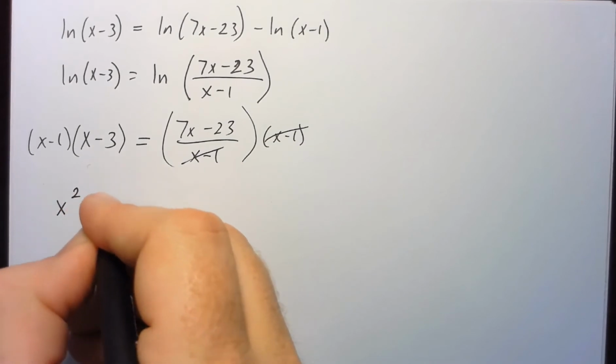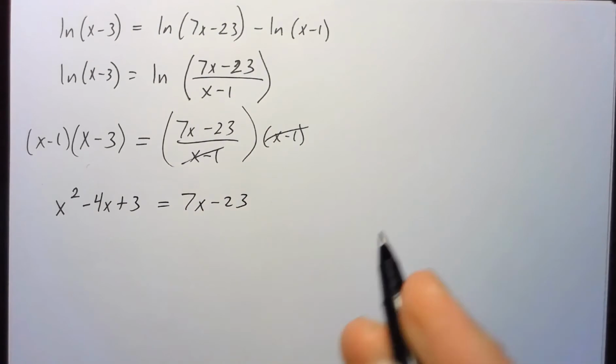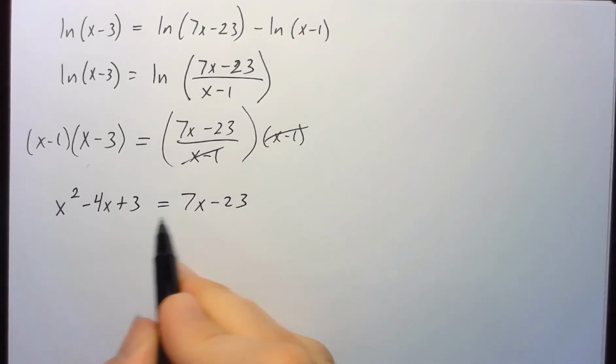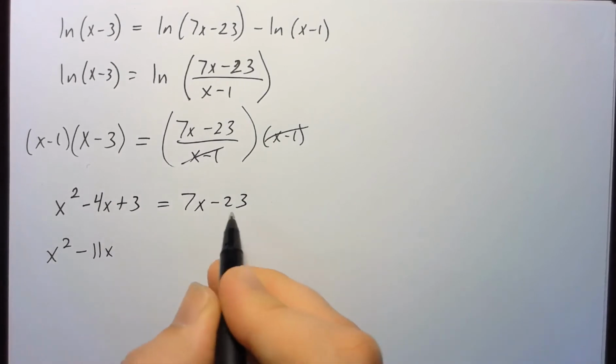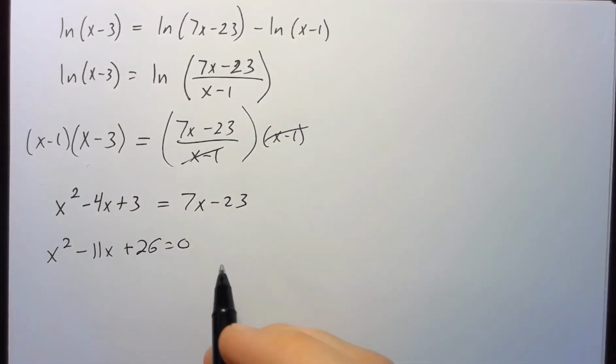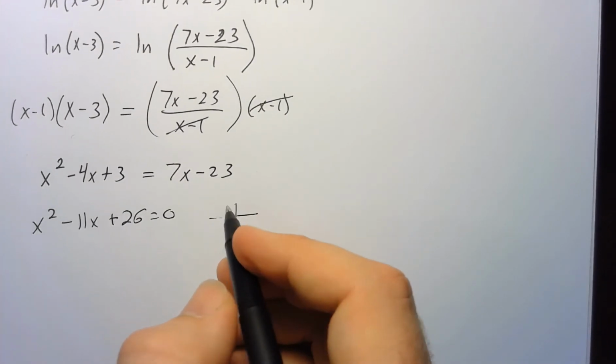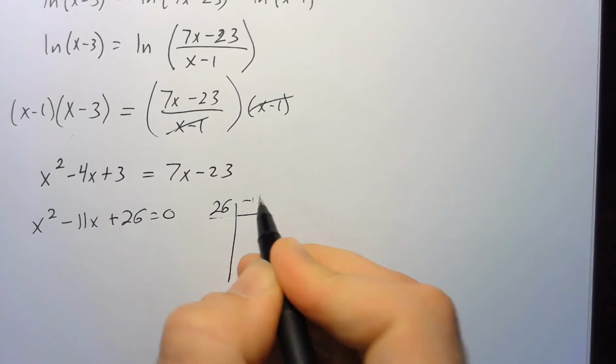x squared minus 4x plus 3 equals 7x minus 23. If I add the 23 and subtract the 7, I'm going to get x squared minus 11x plus 26 equals 0. Now if I do some quick math off to the side like I normally try to do, I'm going to try to multiply to get 26 but add to get negative 11.